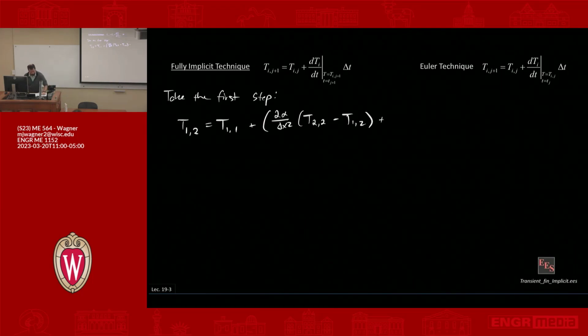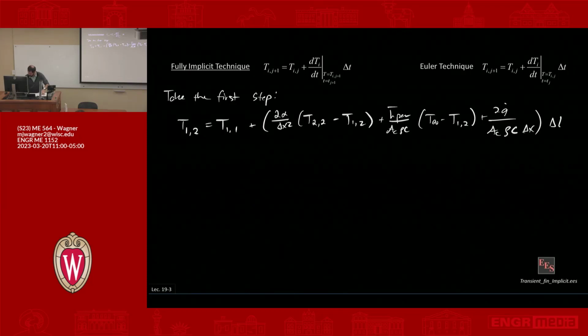Then we add to that h bar times perimeter over A_c times rho C, times T infinity minus temperature at space node 1, time node 2, plus 2 q dot over A_c rho C times delta x, all of that times my time step delta t.